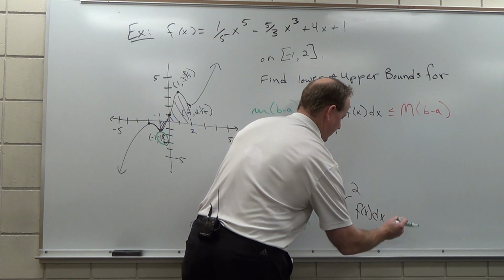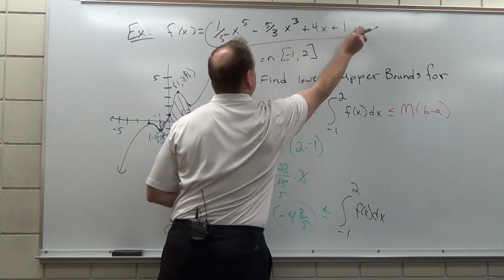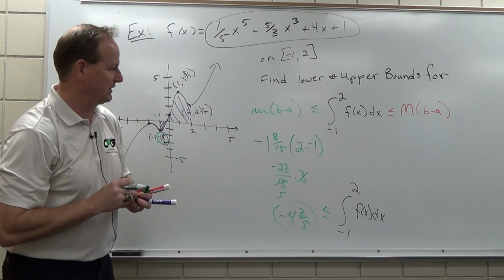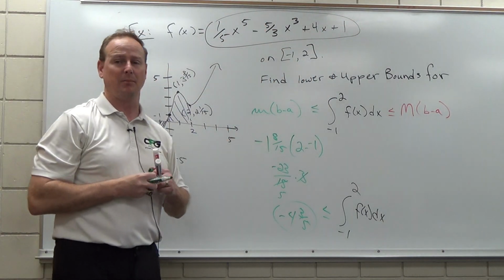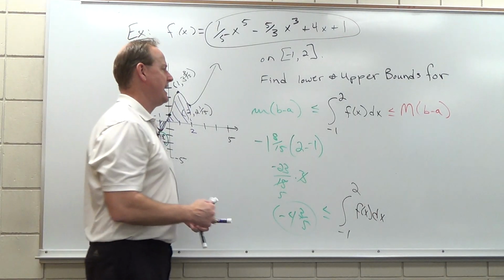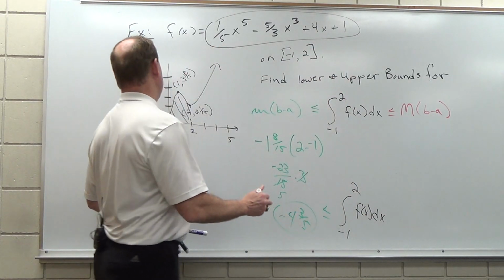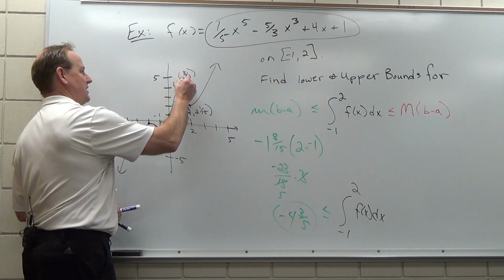And once again, I'm not going to waste your time writing out what f of x is. F of x is right here. So in your notes, you can go ahead and put that in. And then I need to find the upper bound on that as well. So I need to find the biggest that it could possibly be. And that's by taking the absolute max height on this closed interval, which actually occurs right here.